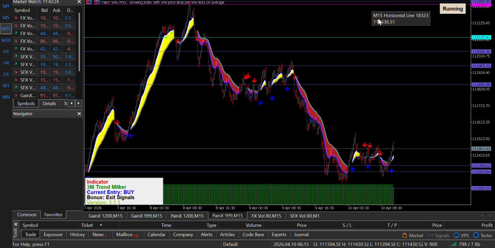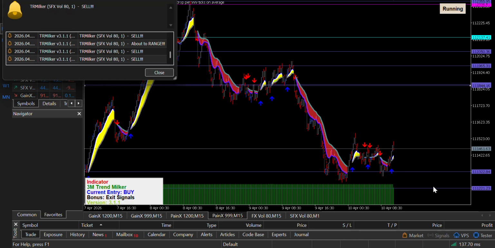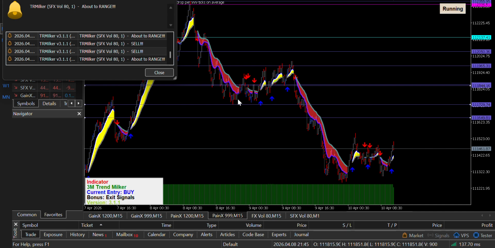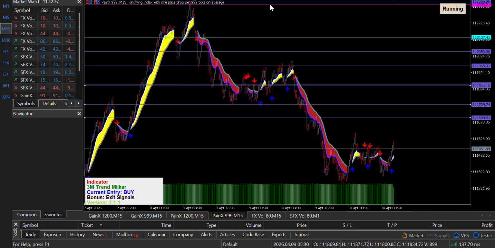So first of all, let's mark out the support region, because that is most likely to be our stop loss. So I'm going to bring this to identify that. This is it.